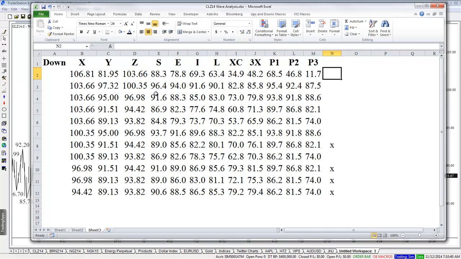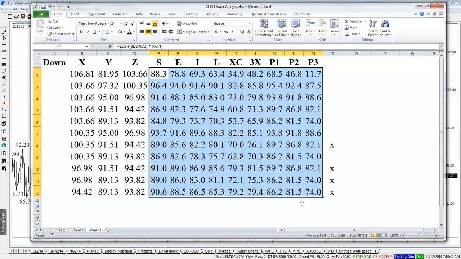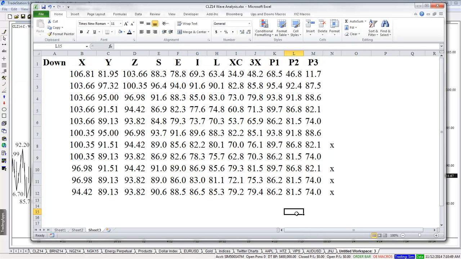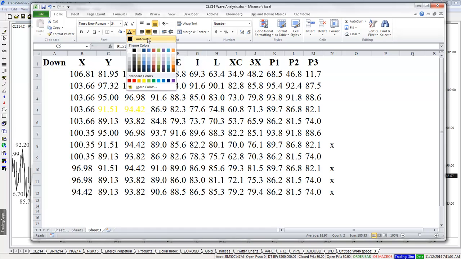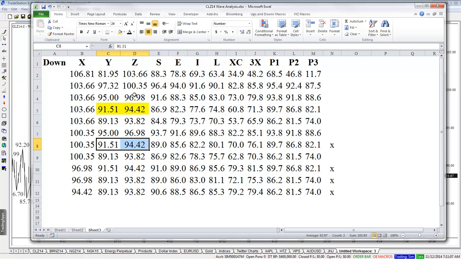Now, once we have our waves laid out, the first thing that we want to do is start cleaning up our wave projections. There's really 2 steps to this. The first is taking out the repetitive corrective projections. For those of you that recall the first and second lessons in this series, there will be times that you have repetitive YZs for various waves.